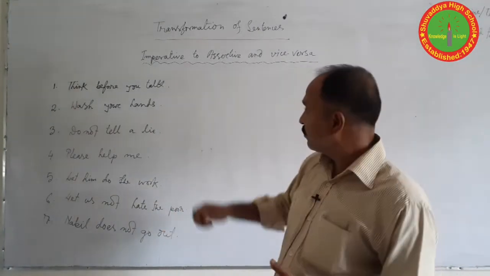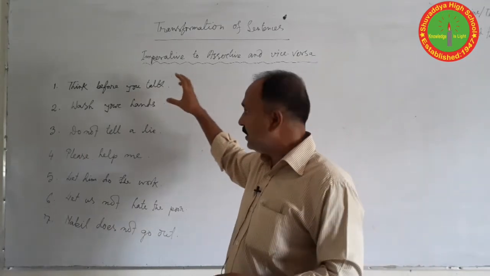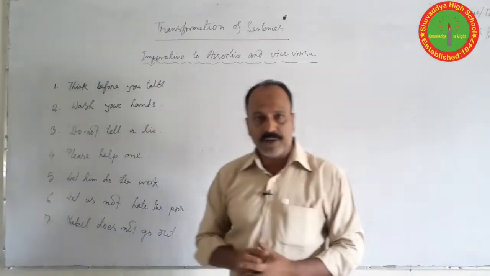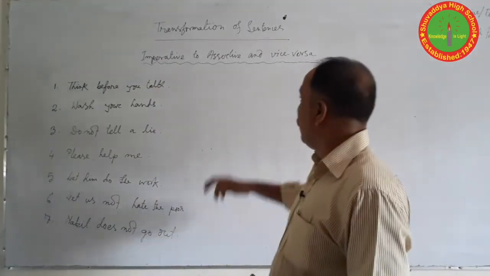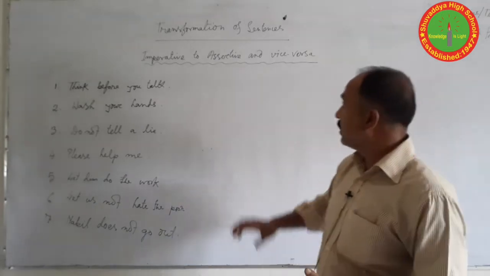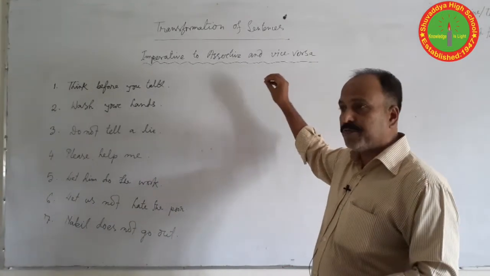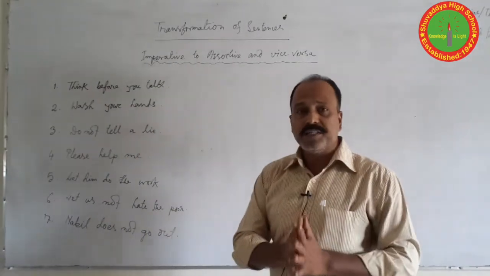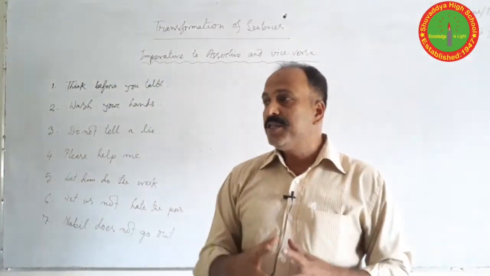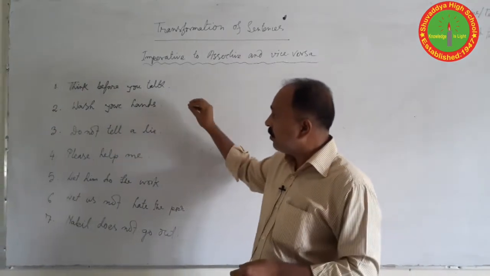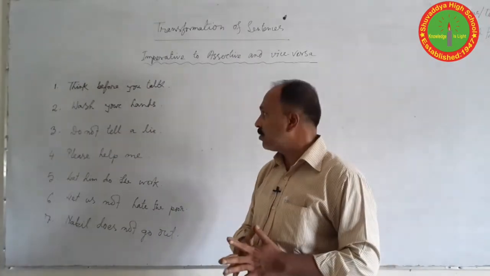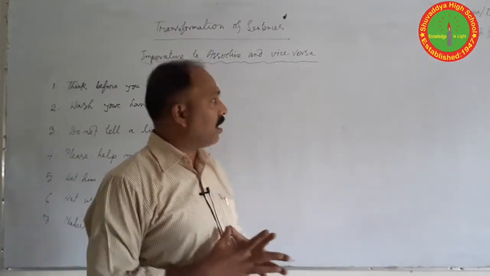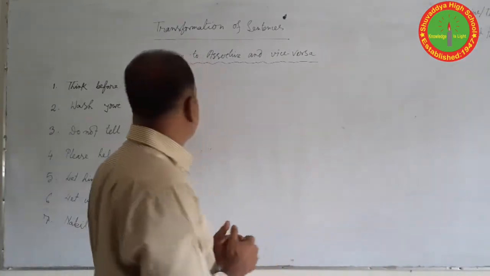If the sentence is affirmative, then it starts with the main verb. And an assertive sentence, you already know, is subject plus verb plus extension. So if you know the structure of the sentence, it is easy for you to solve the question very easily. Now we are going to start and practice some questions.